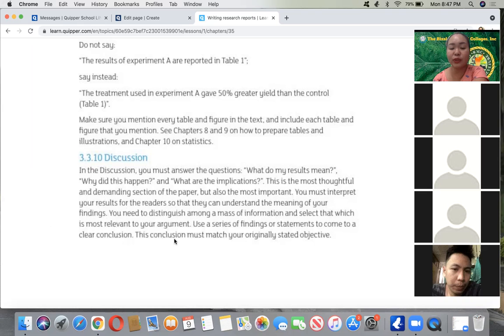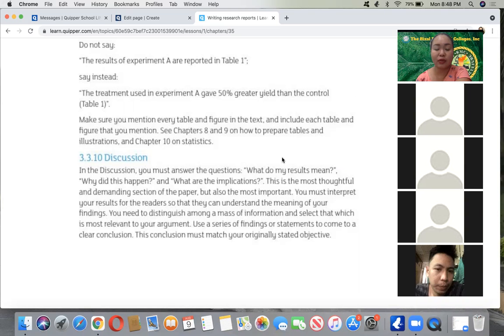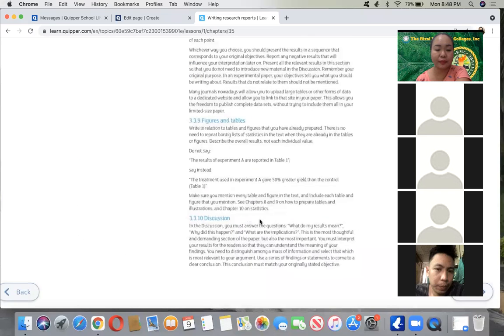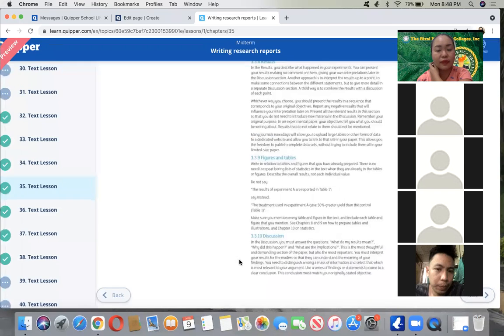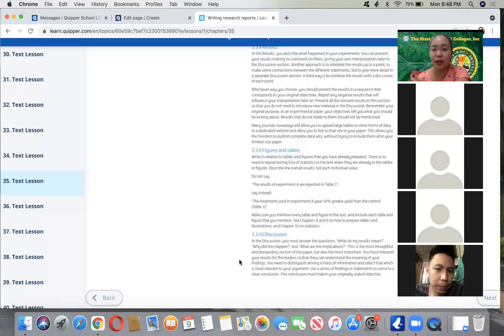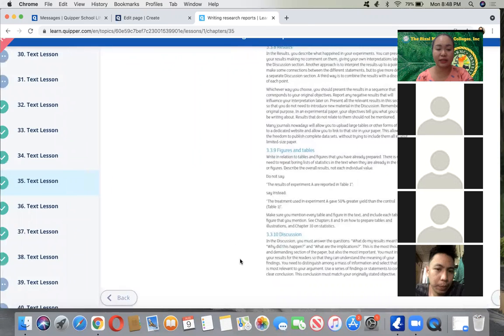So before you conclude, based on your experience, although it's not conclusive when it's not supported by statistical analysis or scientific data, you can only say that this treatment is very effective or efficient or could be of help to the farmers when you cite the data or the evidence.